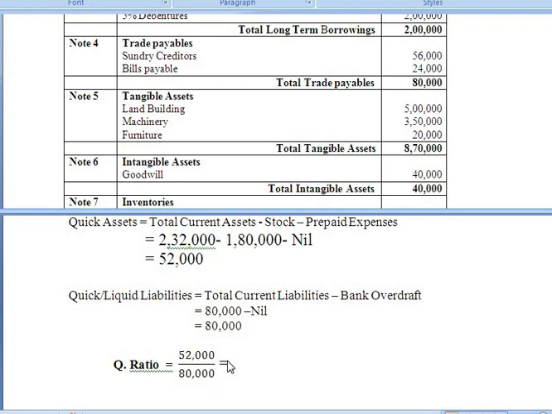Okay. 0.65:1. Understood? 0.65:1 is the quick ratio or liquid ratio.